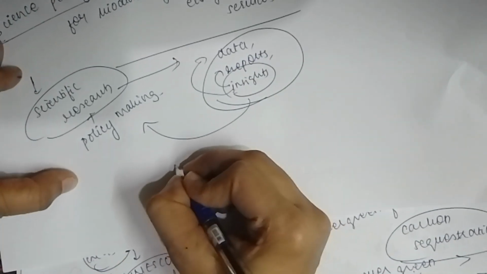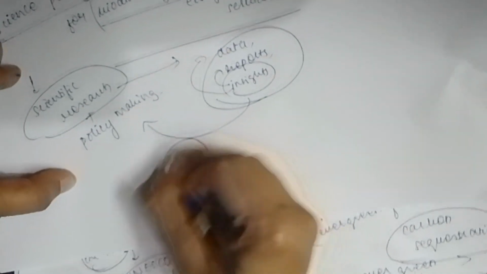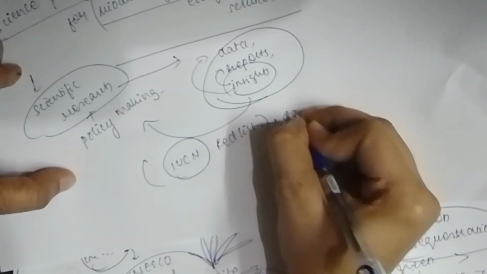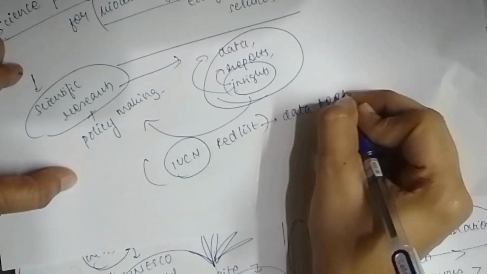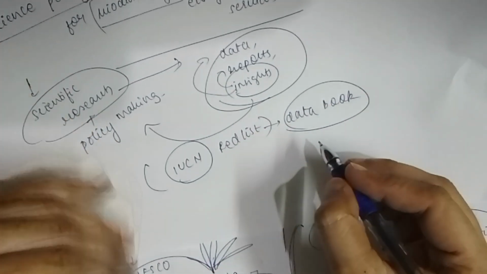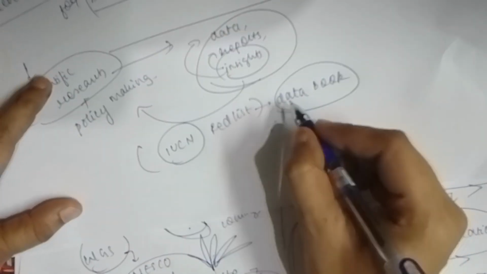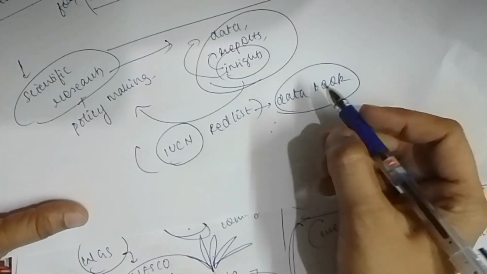Consider for instance, with regards to biodiversity, the IUCN Red List is like a data book. It provides data about the endangered and threatened species. And when it provides data about it, the policymakers can take into account those species which are extinct.